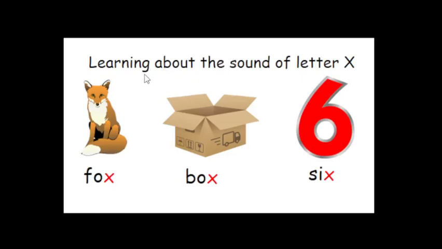Now, to learn the sound of letter X, we will be looking at the things that end with letter X, as the things that begin with letter X have a Z sound. The things that end with letter X, for example, fox, have an X sound. That is the sound of letter X.